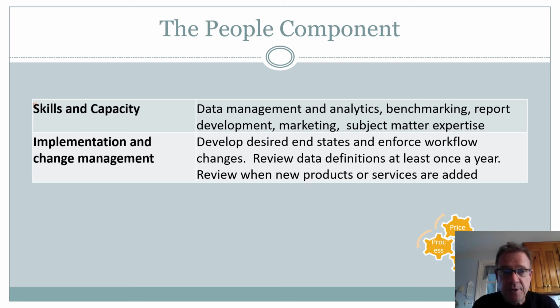Now, the people component is, do you have the data management and analytics expertise? Do you have the benchmarking expertise? If you're running any of these KPIs, you need to understand what is good, what is not, and you need to have good subject matter expertise.